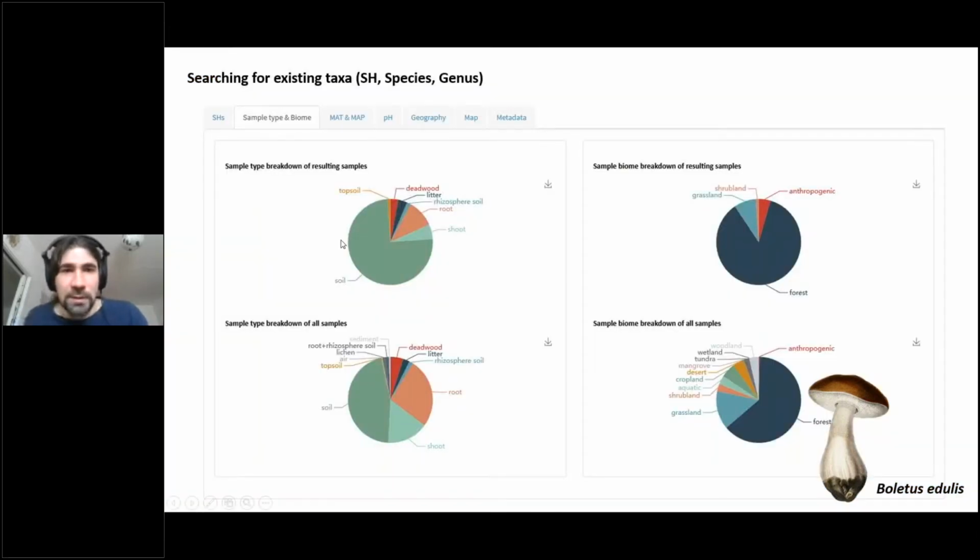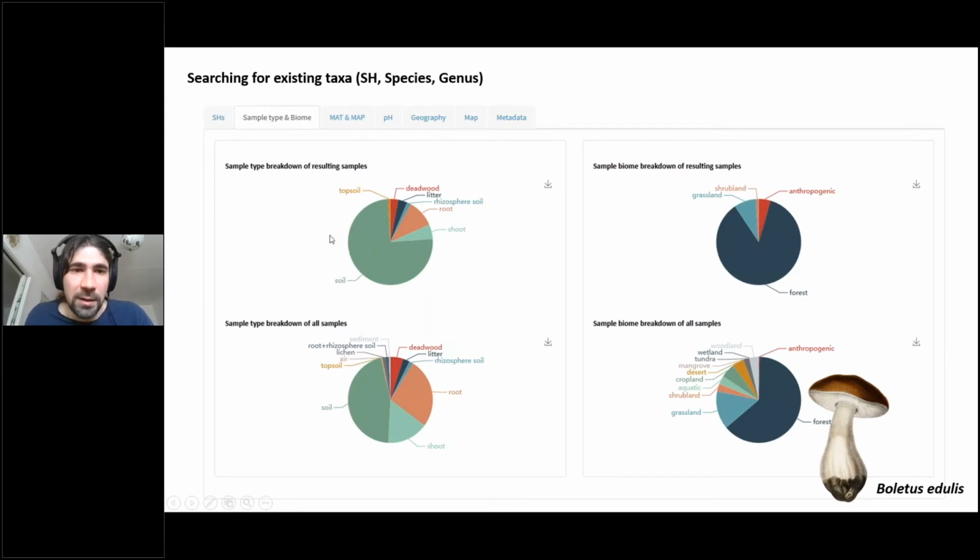So you can see that there are breakdowns of different sample types and biomes, and on the bottom part is everything which is in our database. So it's a breakdown of all samples, and in the upper picture, or pie chart, you can see where this species was mainly found.